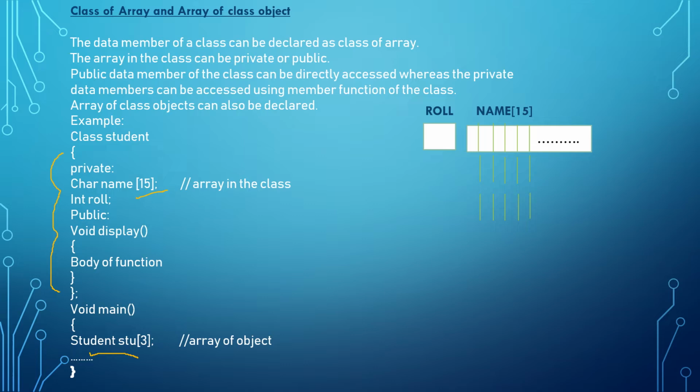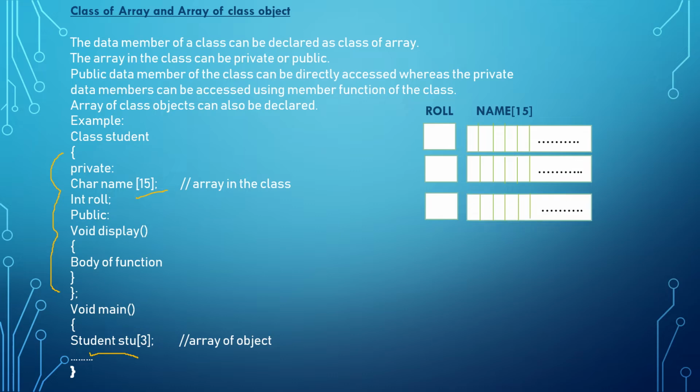Now there is 3, so there will be space in memory for one more roll number and name and one more roll number and name. So altogether we got the stu object array with size 3.